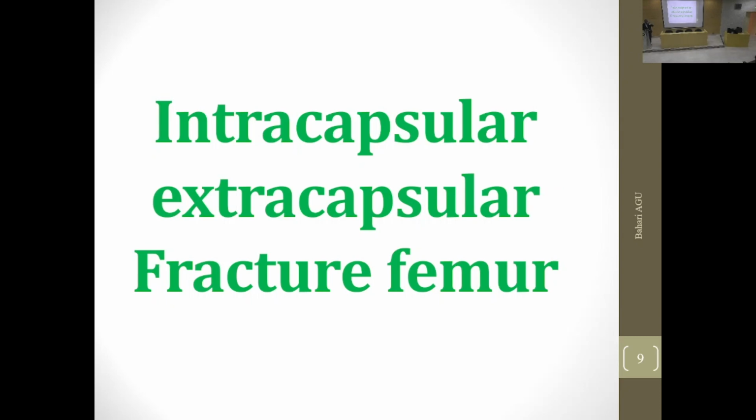So if there is a fracture immediately under the head, we call it a subcapital fracture. Or in the cervical region, the neck, if it is in the middle, this is transcervical, and if it is at the base of the neck, this is basocervical, and all of that is considered intracapsular fractures.